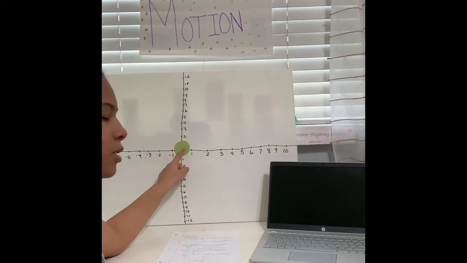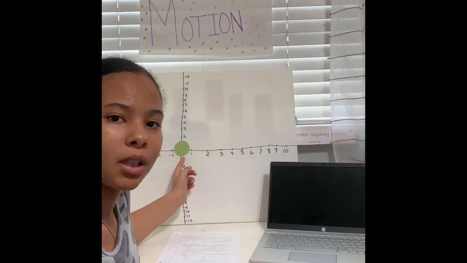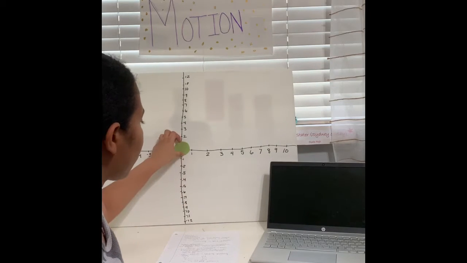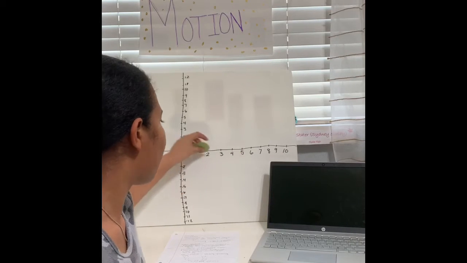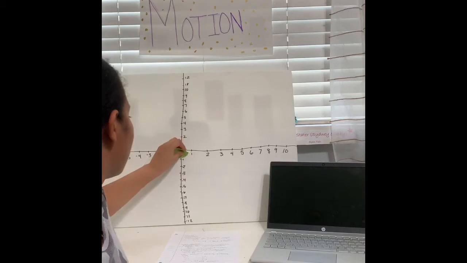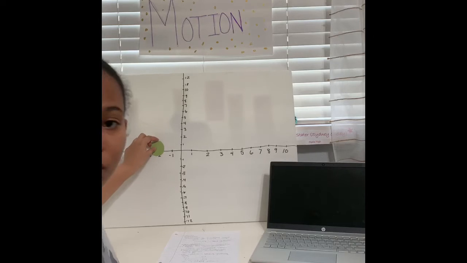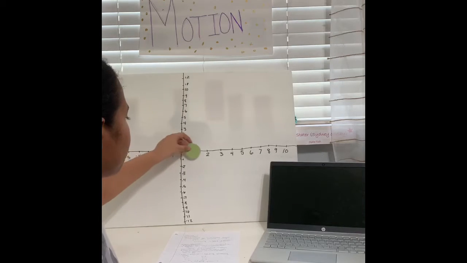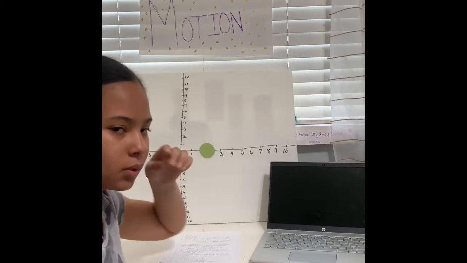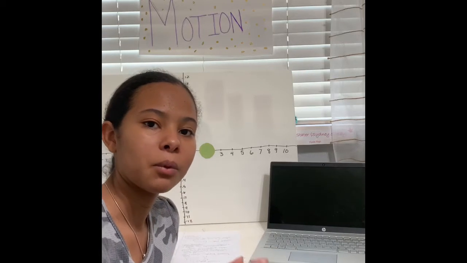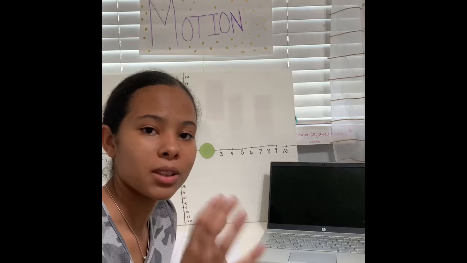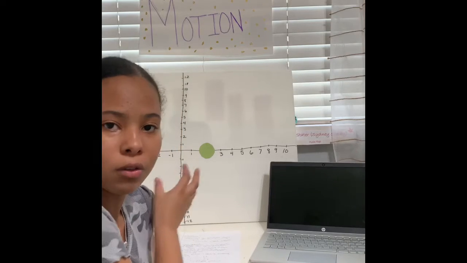So if we start at 0, 0, and our particle was moving. So let's say our particle moved 4 spaces to the right, back 4 spaces, here to -2, and then moved back to +2. So our distance, which we said was movement without signs, we would count all of our movement back and forth.